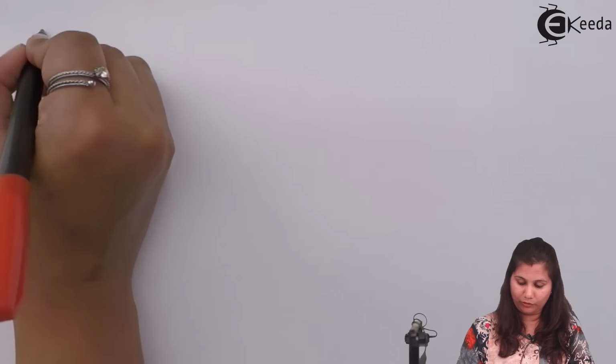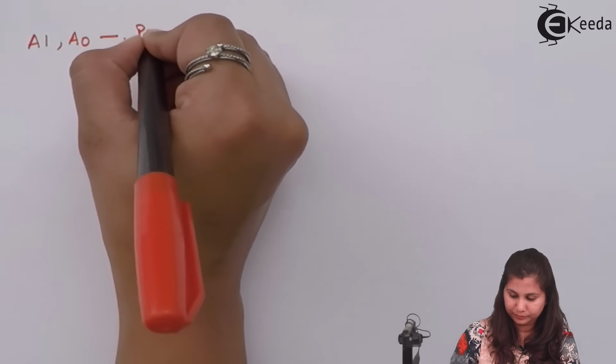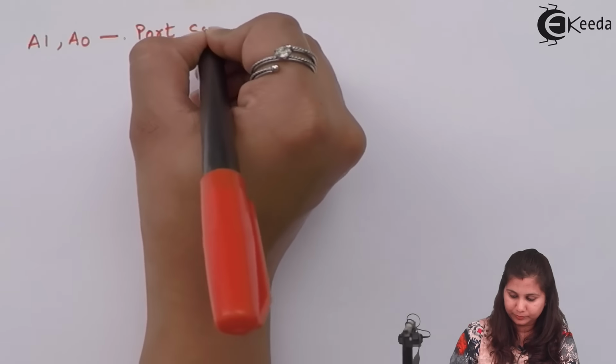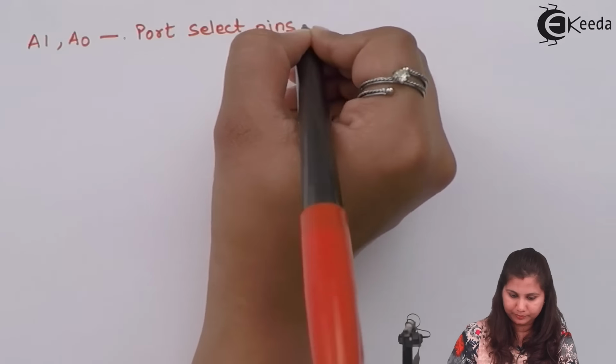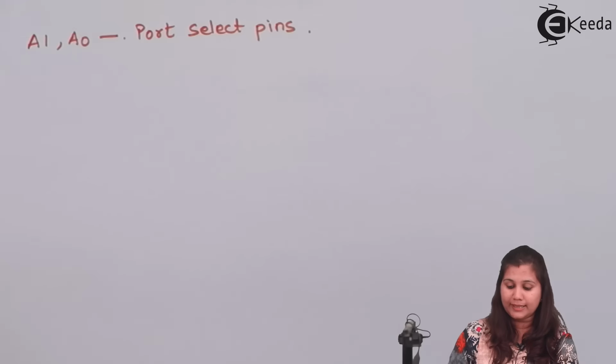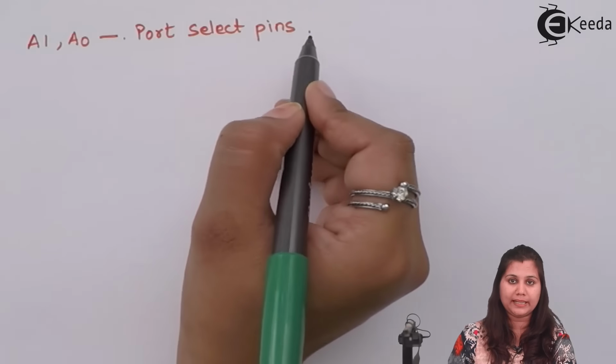The next pins we have are A1 and A0. These pins A1 and A0 are known as the port select pins.